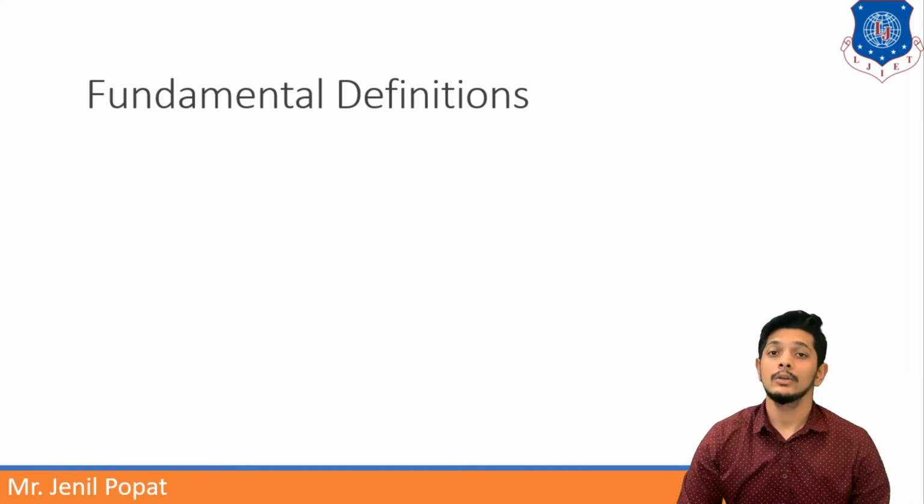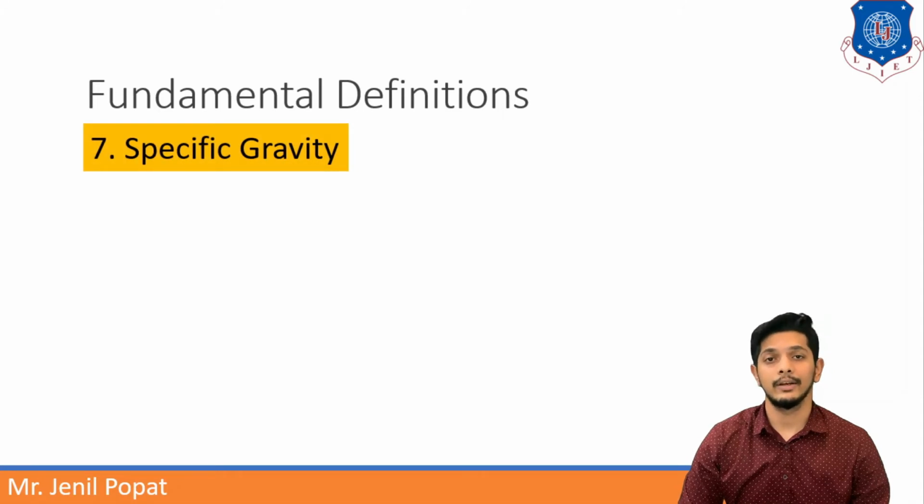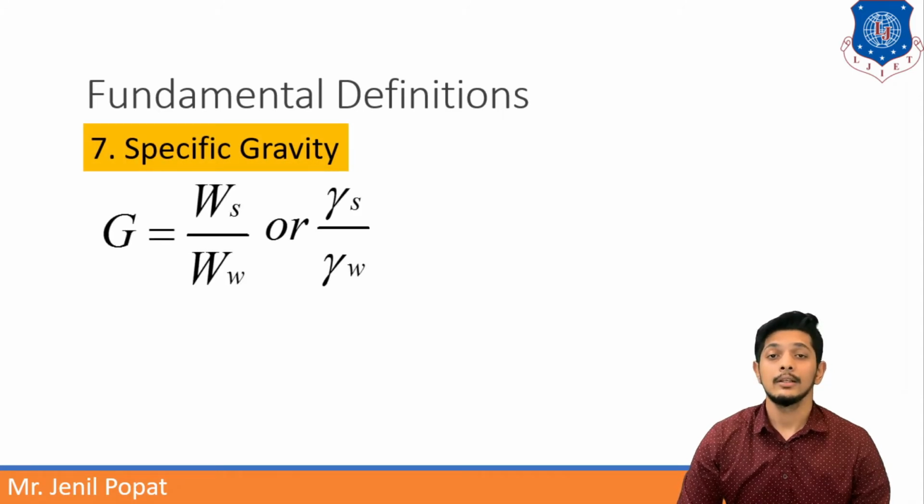Moving forward to the next definition, that is specific gravity. It is denoted by capital G. G is equal to Ws upon Ww, where Ws means weight of solids and Ww means weight of water.